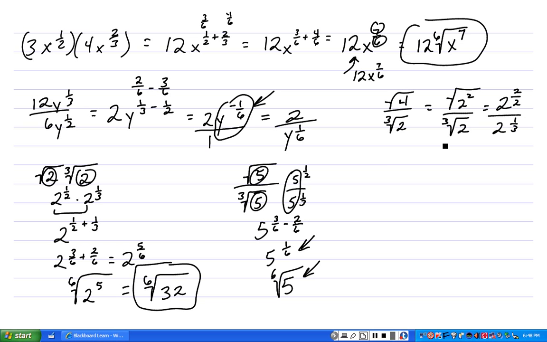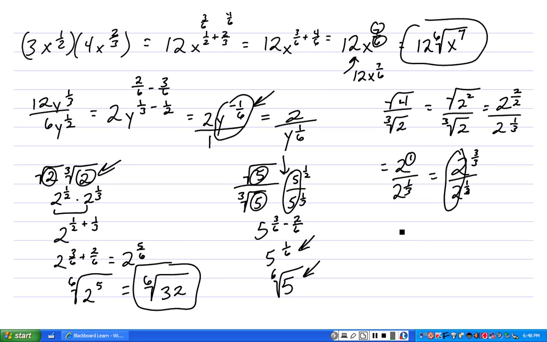That breaks down to saying 2 to the 2/2 is like saying 2 to the first over 2 to the 1/3, and I can turn the whole number 1 into a common denominator of 3, so I can write that as 2 to the 3/3, because 3 over 3 is the same as 1, over 2 to the 1/3. Now I have the same base, just like all the previous problems.